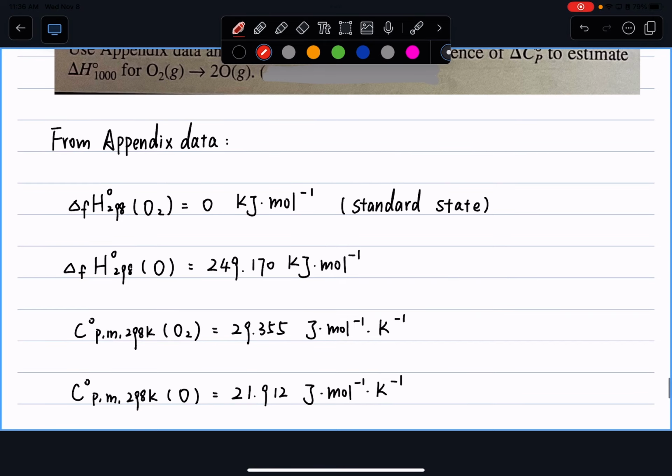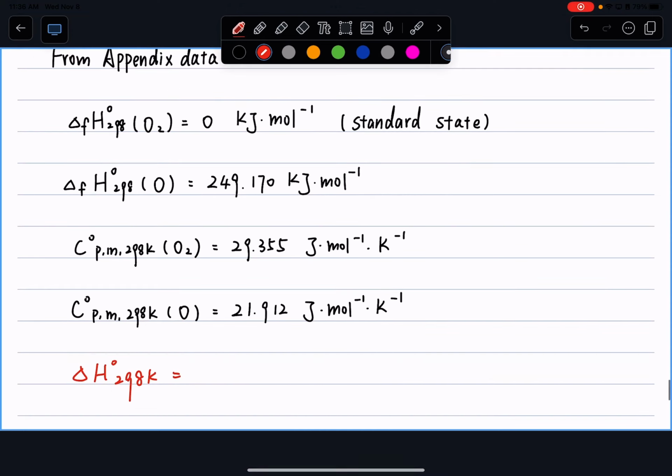That is just using the coefficient of the reaction and also the standard enthalpy of the reactant and product to do that calculation. So what we have is 2 times the product, 249.170, minus, well, that's 0, in kilojoule per mole. So that's the enthalpy of the reaction at 298 Kelvin.